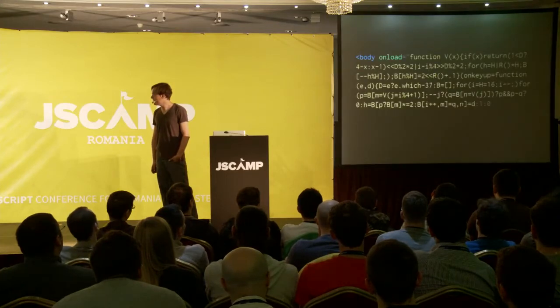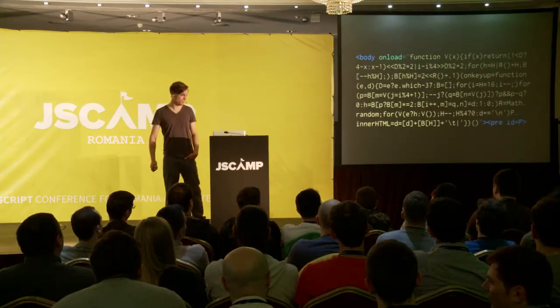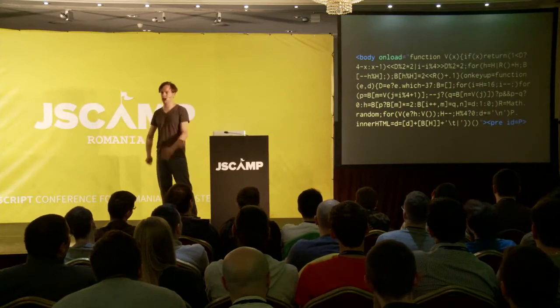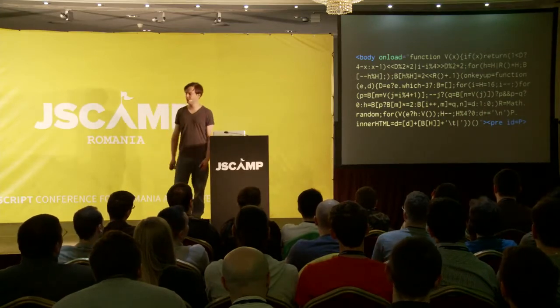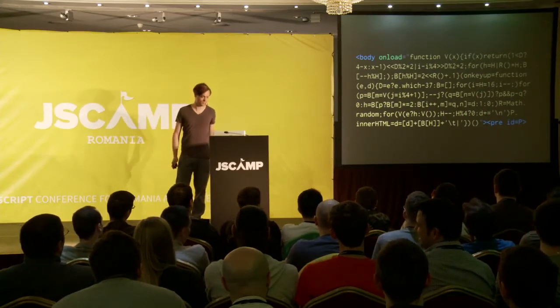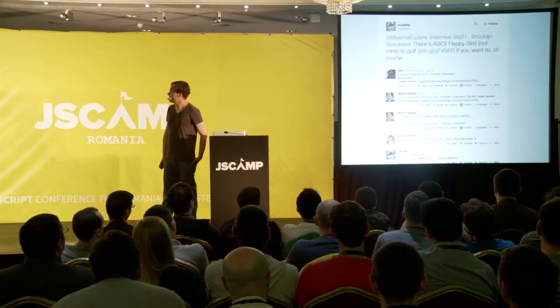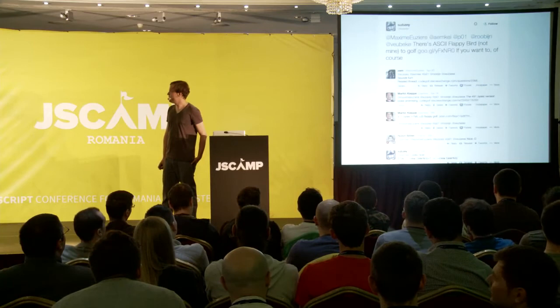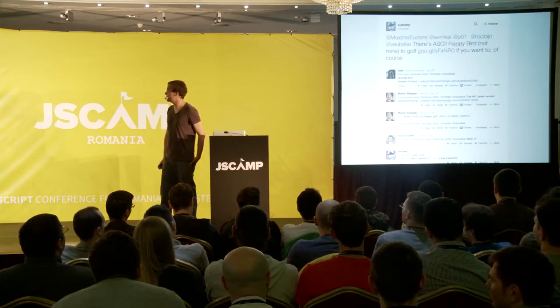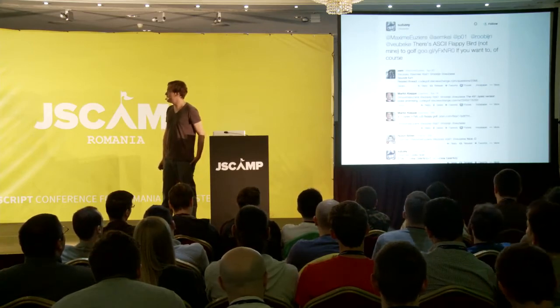And the code looks like that. I'm not going to go into the detail, but it's a full HTML page you need to have this game running in the browser. And usually things start like that. Someone is putting a tweet, but the usual suspects here asking for something.